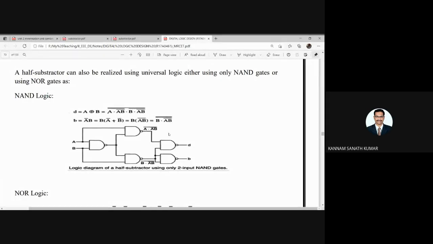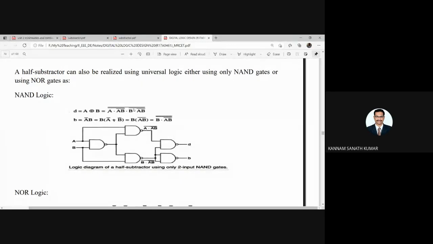Whole bar means if you give it again to one NAND gate, you will get the expression for the difference. So here difference is A into AB bar whole bar into B into AB bar whole bar, and whole bar.